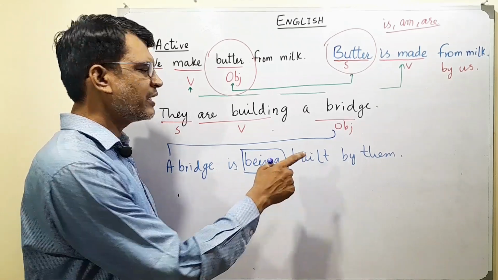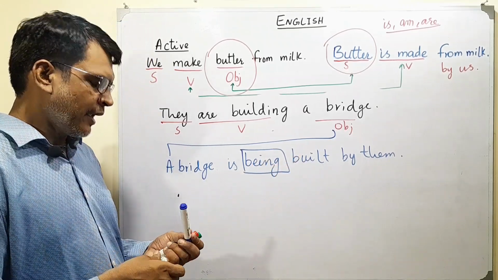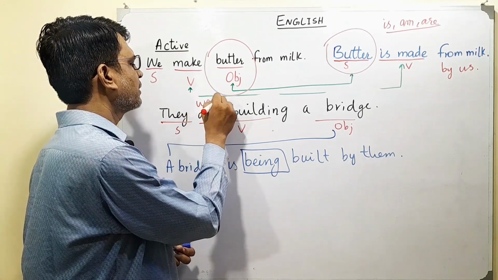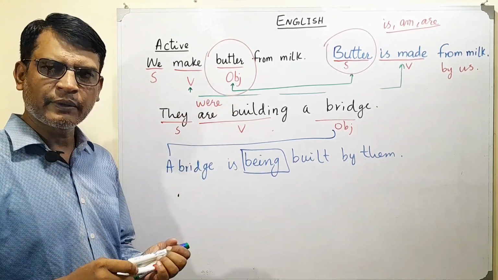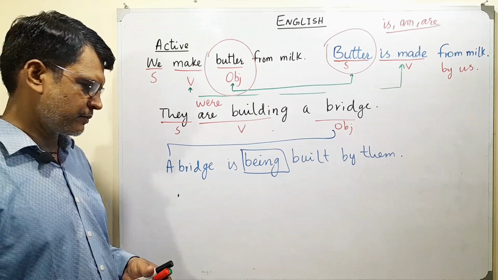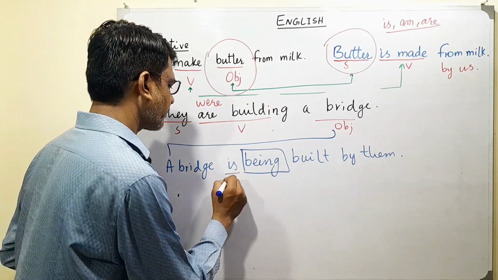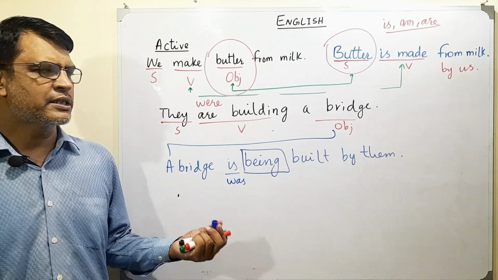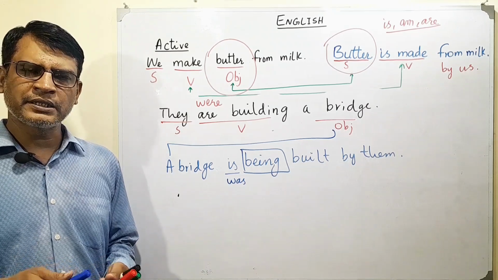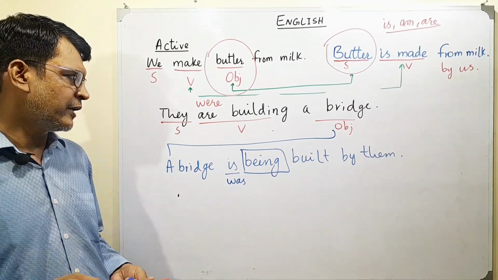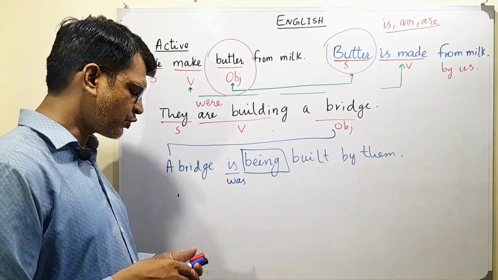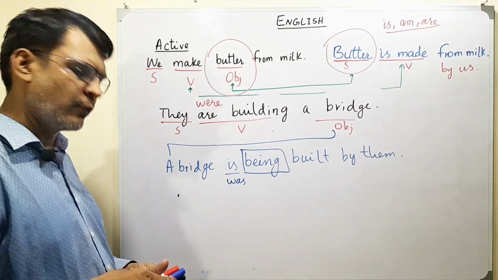A bridge is being built by them. If the sentence is in past, for example, if it is they were building a bridge, a bridge was being built by them. This is how we will make the passive continuous tense. So all the continuous sentences will be treated in such a way.